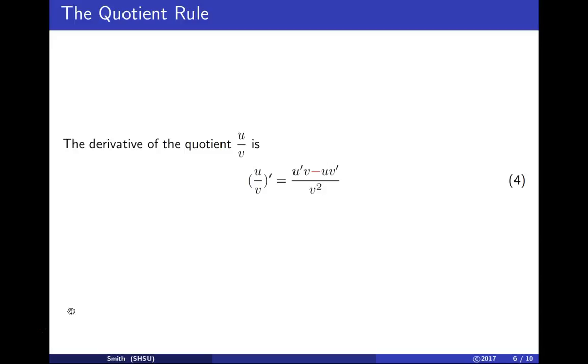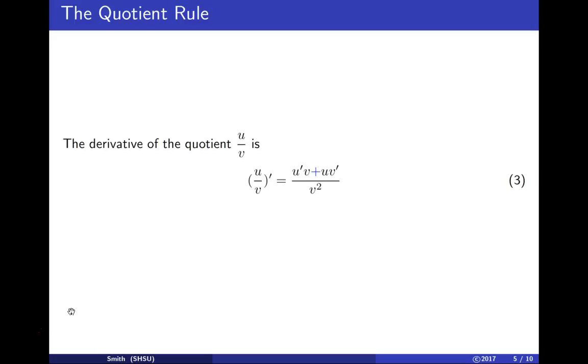The denominator is v squared, the square of the old denominator. The numerator looks like the product rule, except that when you have the piece where you differentiated v, that piece is subtracted. Again, let's go back. I'm going to take the derivative of u divided by v: square the denominator first.